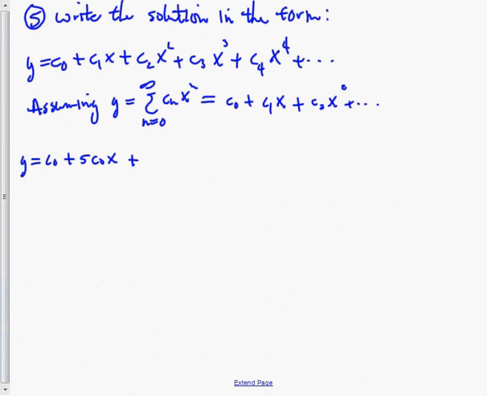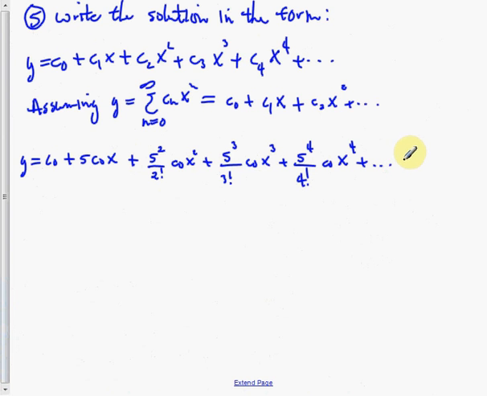So we see the pattern. So this is 5 squared over 2 factorial, c naught, times x squared, plus 5 to the third over 3 factorial, c naught, times x to the third, plus, just write one more, then see the pattern, 5 to the fourth over 4 factorial, c naught, times x to the fourth, plus, and so on.